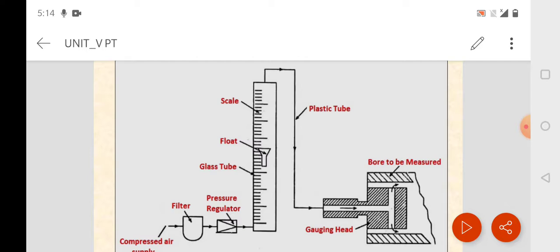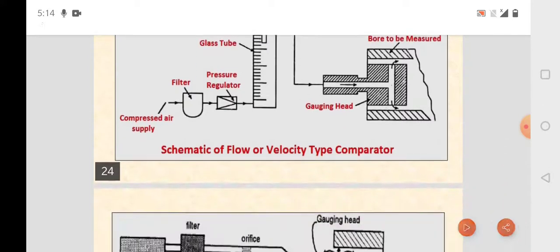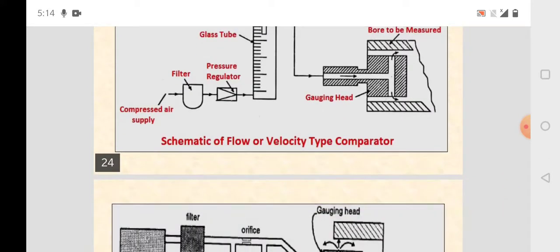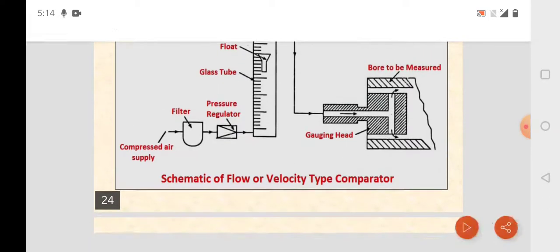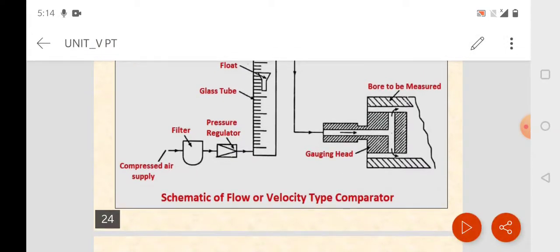So this is the overall principle of working of the pneumatic comparator. We can easily test the workpieces because of the flow of air. If it is restricted, then it is undersized. If it is flowing out freely, it can be oversized, and when it is at 0, it is of basic size.